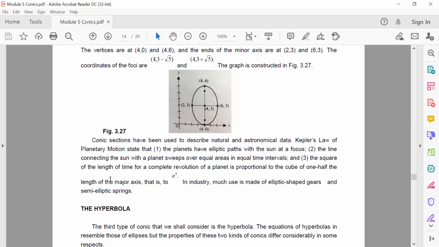And 3, the square of the length of time for a complete revolution of a planet is proportional to the cube of 1/2 the length of the major axis, that is a cubed. In industry, much use is made of elliptic shape gears and semi-elliptic springs. So those are some applications of ellipse.